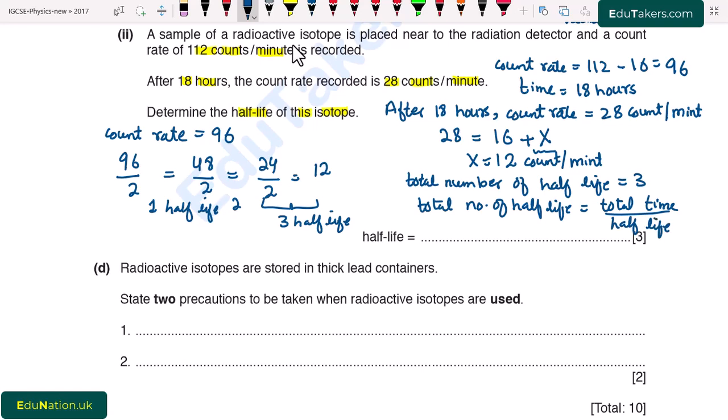Total time is 18 hours. Using this I find out the half-life. It will be equal to total time, 18 hours, divided by the total number of half-lives, 3. So it will be 6 hours. It means that the half-life is equal to 6 hours.